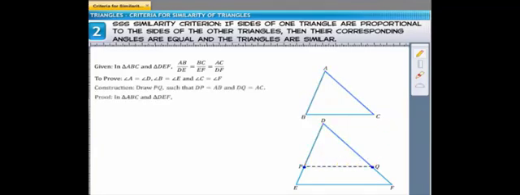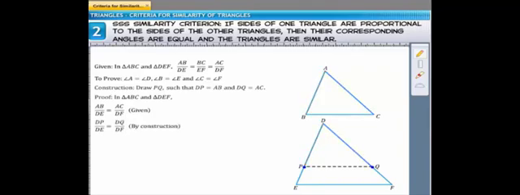Let's consider triangle ABC and triangle DEF. It is given that the ratio of AB and DE is equal to the ratio of AC and DF. Now, by construction, DP is equal to the side AB and side DQ is equal to the side AC.